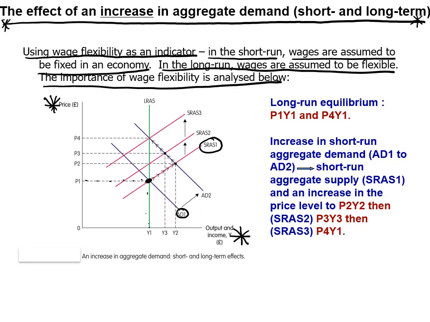But then we did some demand side policies and increased our aggregate demand, and we got to AD2. Now what's going to happen? In the short run, wages are assumed to be fixed. So possibly because employees are locked into employment contracts, or maybe they don't immediately notice the prices have gone up.